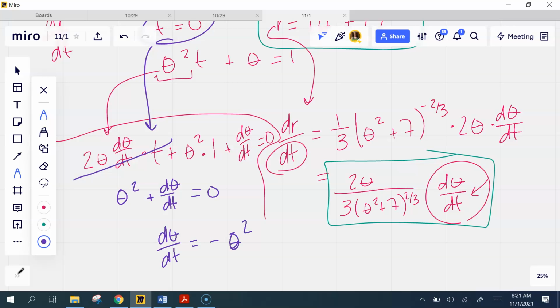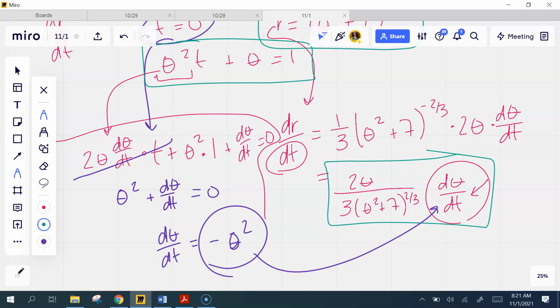Now, before I even plug it in there, look at that second equation that we were given. We know what t equals. Could we find out what theta equals when t is 0? We could.